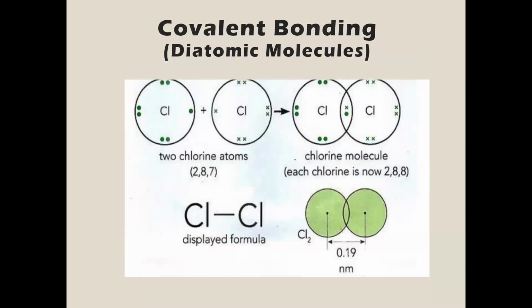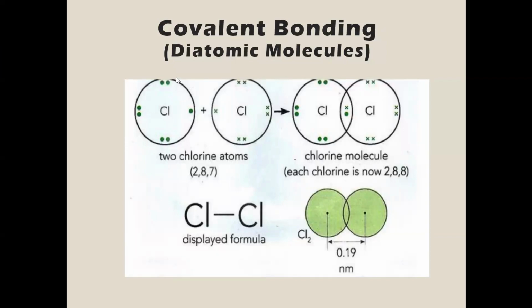Another diatomic molecule is chlorine. Chlorine needs one more electron to have its outermost shell full.